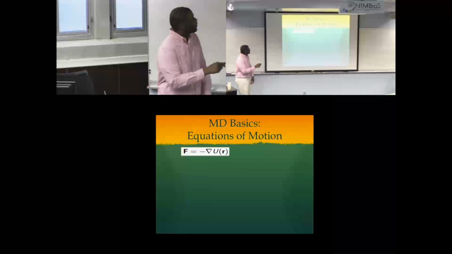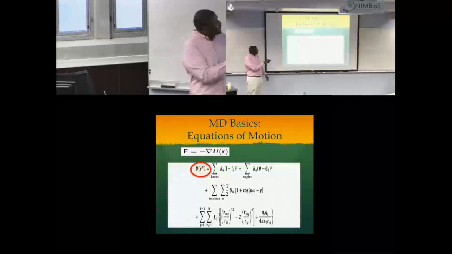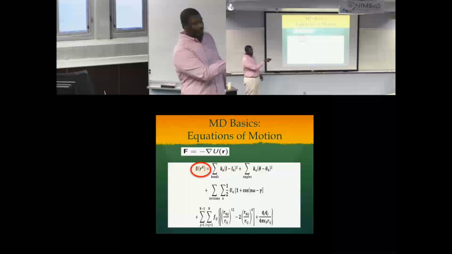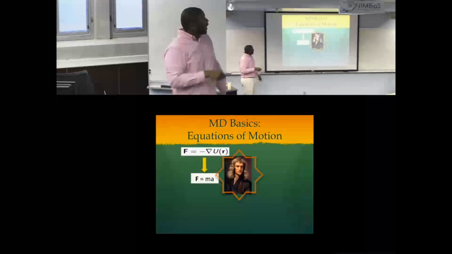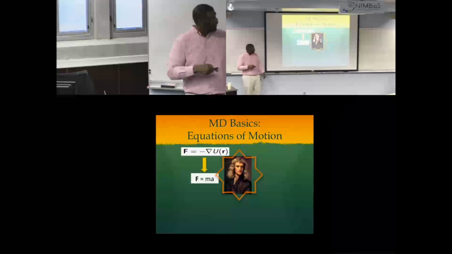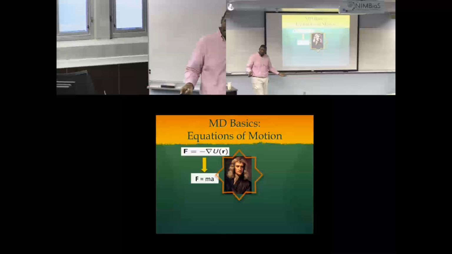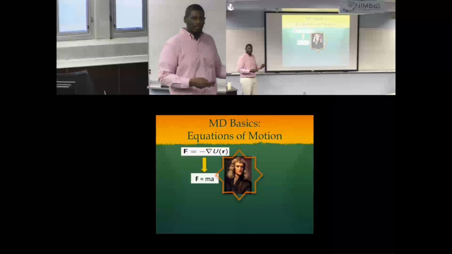Okay, so we know this: force can be described in terms of an energy gradient, right? And this U right here is coming from that potential energy function we just talked about last time. So we have that, right? Now, thanks to our superstar scientist, Isaac Newton, we also know that force equals mass times acceleration, right? Now we have an idea about the motion of the thing, how fast it's going, the acceleration.